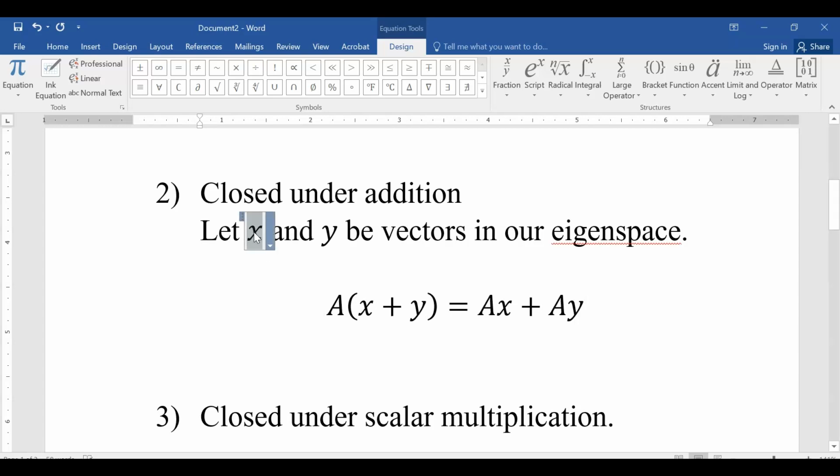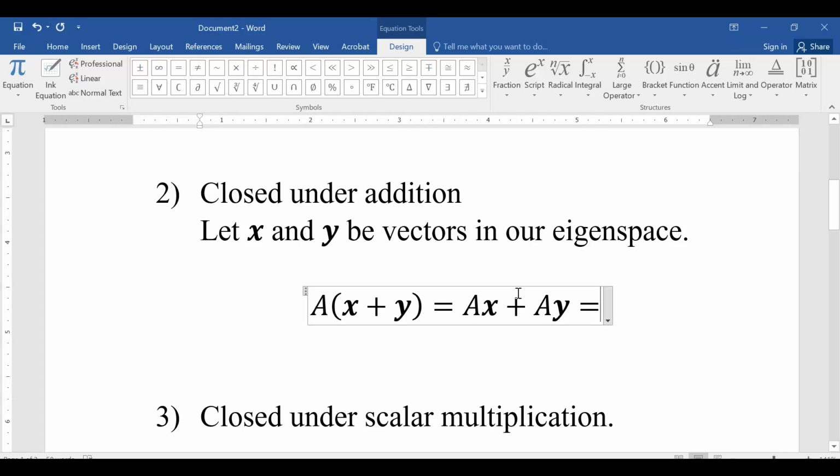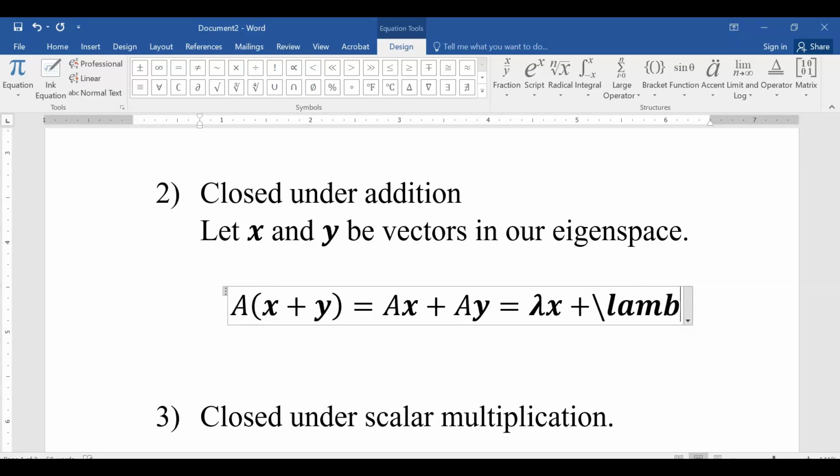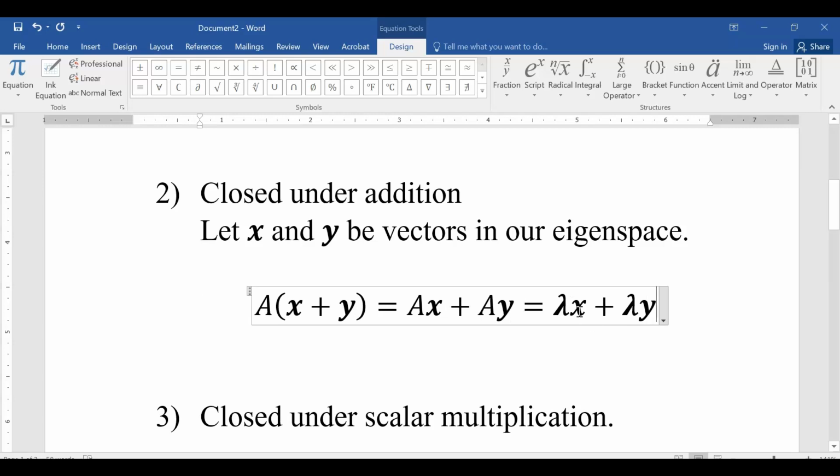Now, I didn't bold these, but they're supposed to be vectors. There's a few times I did that on the notes as well. Now, what does it mean to be in the eigenspace? Well, it means that A times x is the same thing as lambda times x. And A times y is the same thing as lambda times y. Where again, lambda is just the constant eigenvalue.